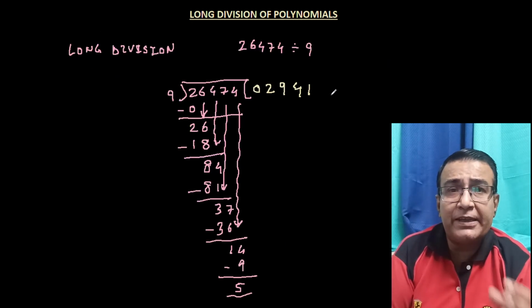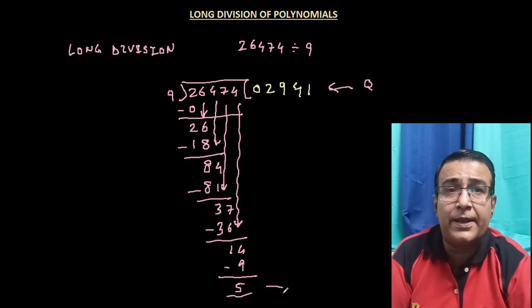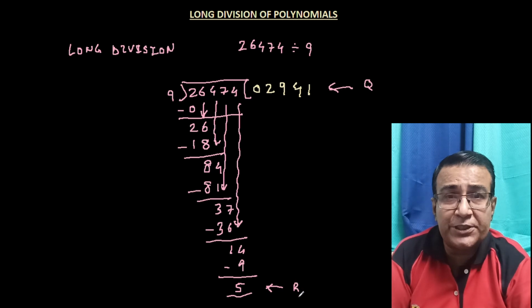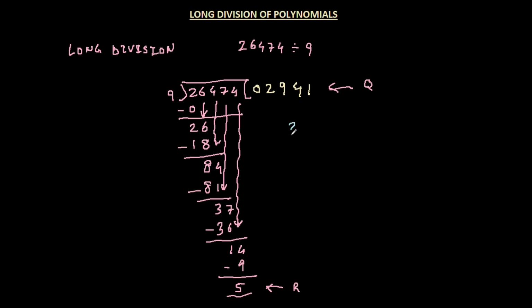Okay, so before we finally finish the video, I'll just come back to this division by 9 again. So we saw that this was the quotient and this was the remainder. So we can say that the dividend 26,474 is equal to the divisor, which is 9, multiplied by the quotient, which is 2941, plus the remainder, which is 5.